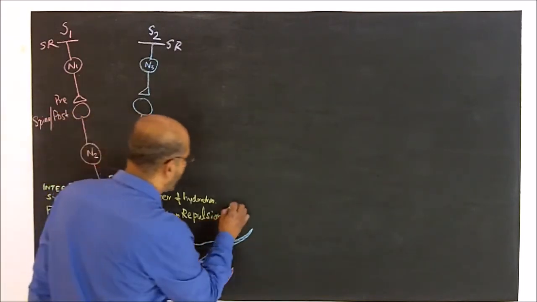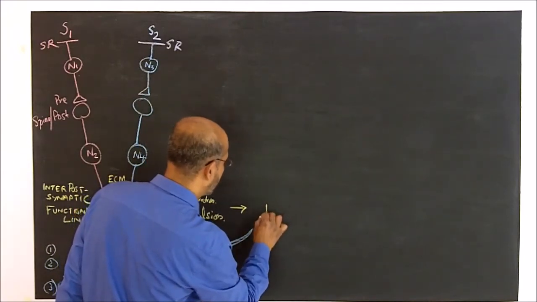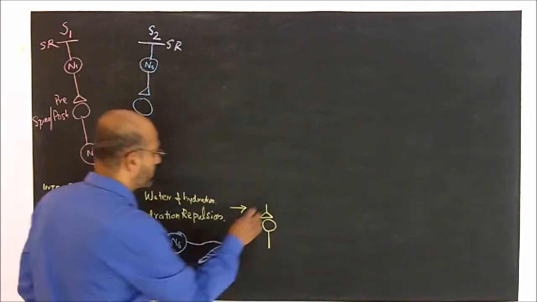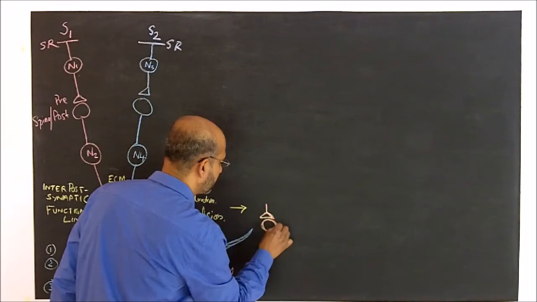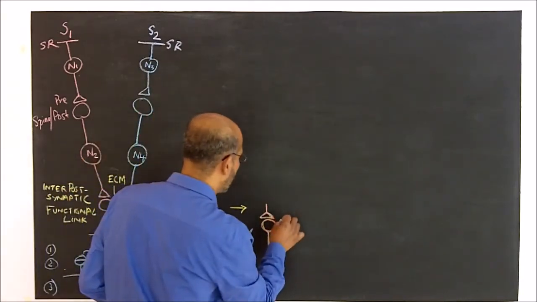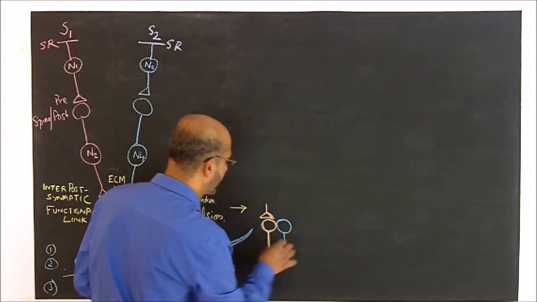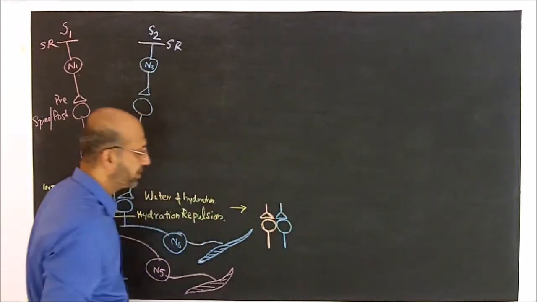So let us draw that picture here again. Here we have the presynaptic terminal, this is the postsynaptic terminal. So let us use this color. The presynaptic terminal, this is the postsynaptic terminal, and let us draw a physical contact between these two dendritic spines after the removal of water of hydration.